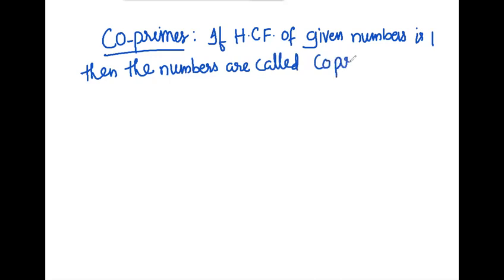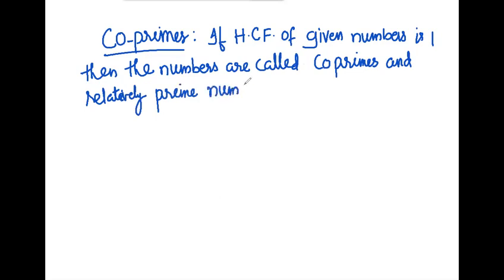Co-primes are relatively prime numbers. So the HCF of given numbers is 1, and the numbers are called co-primes or relatively prime numbers.